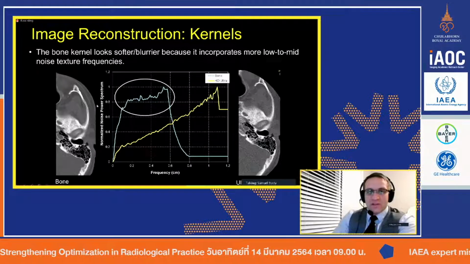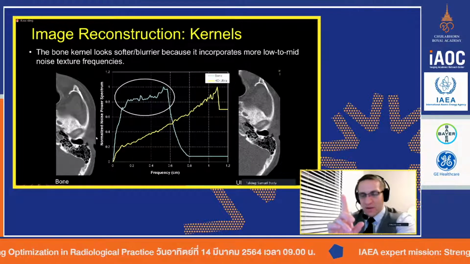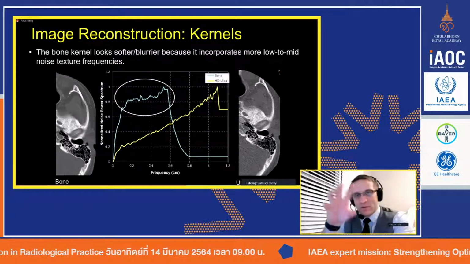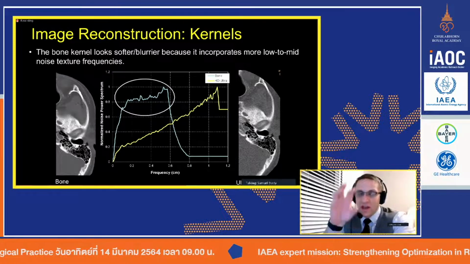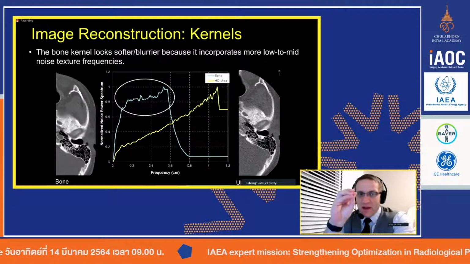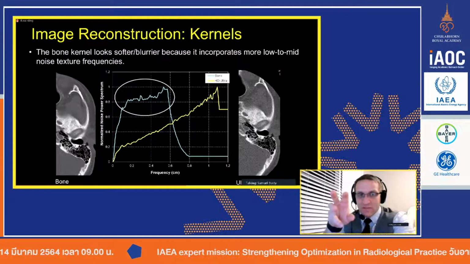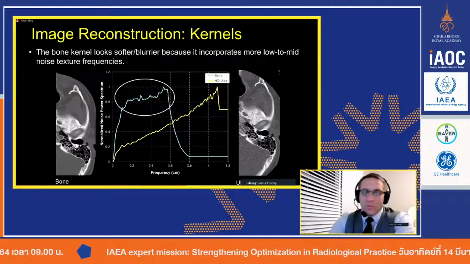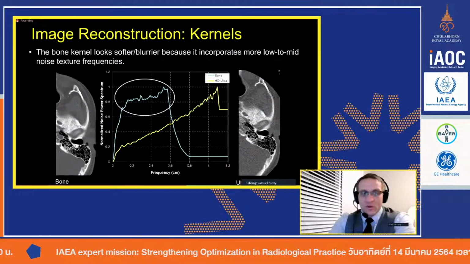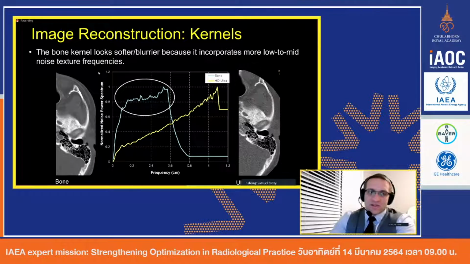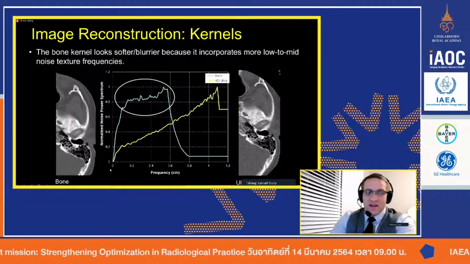And so how is this? Now, remember, day one, we talked about the various different image quality metrics that we can use to identify how to properly optimize the image. And one of those wonderful tools was the noise power spectrum, as shown here on the y-axis, or the NPS.